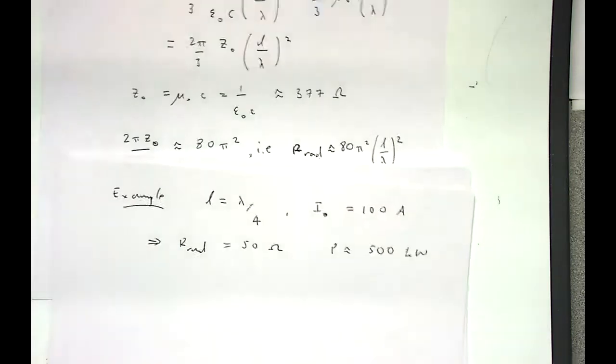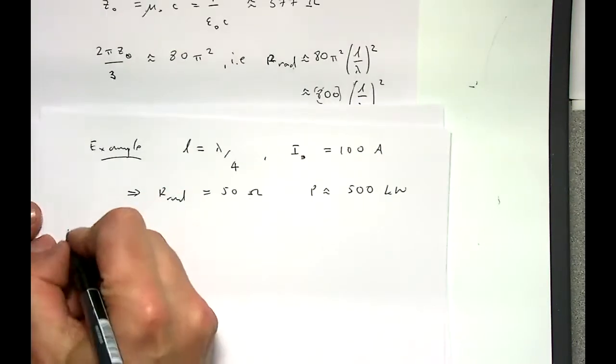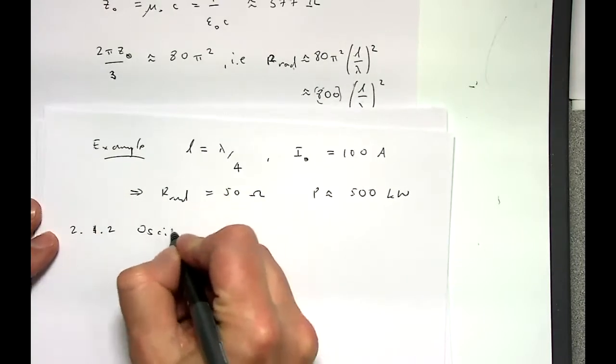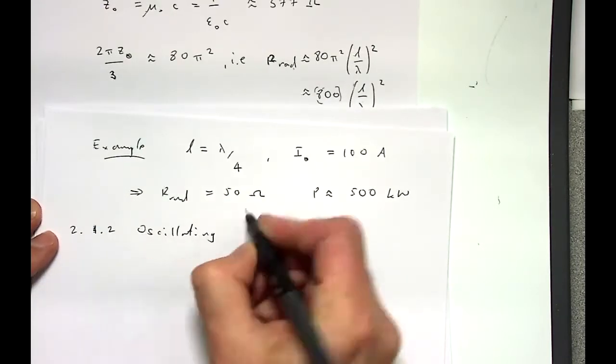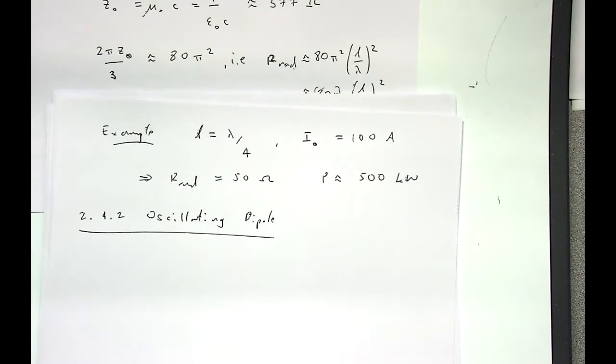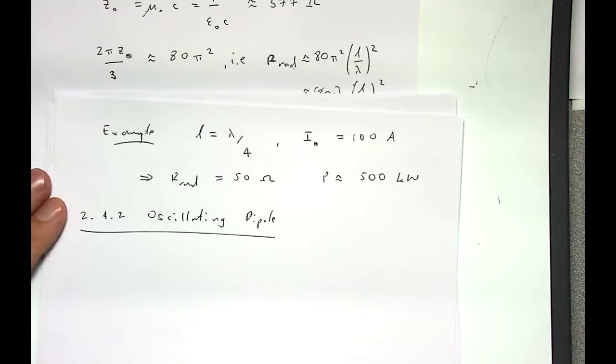Now, let's look a little bit more at that. So we talked about oscillating dipoles. And remember, in our discussion of the Hertzian dipole, we looked at the oscillating current element. Let's look at that a little more closely, because there are two ways that we can write down that picture.